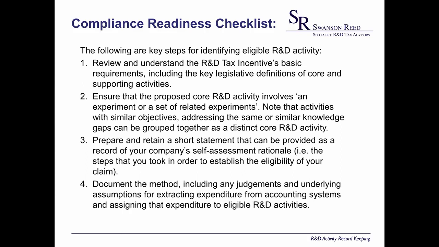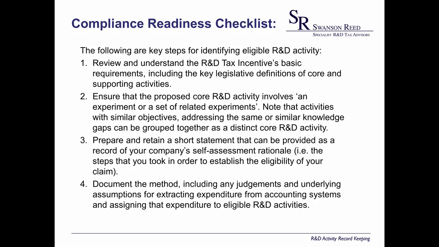Review and understand the R&D tax incentive's basic requirements, including the key legislative definitions of core and supporting activities. Ensure that any proposed core R&D activity involves an experiment or a set of related experiments.